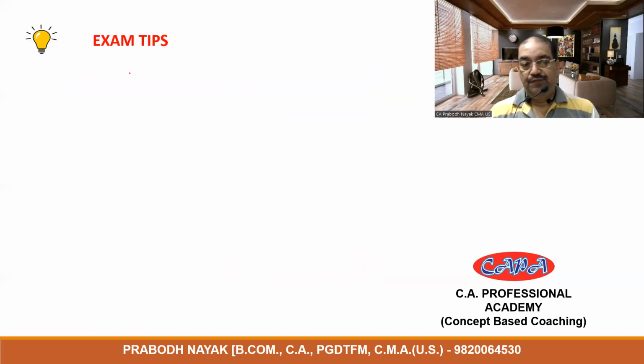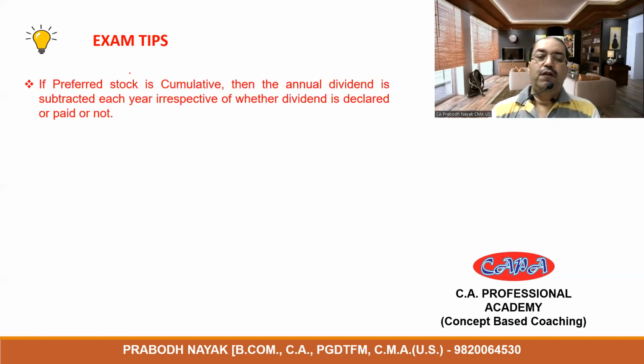Exam tips now. From the exam point of view, there are certain things that you have to keep in mind. That is a summary of what we have done up till now. First of all, if preferred stock is cumulative, then the annual dividend is subtracted each year irrespective of whether the dividend is declared or paid or not.